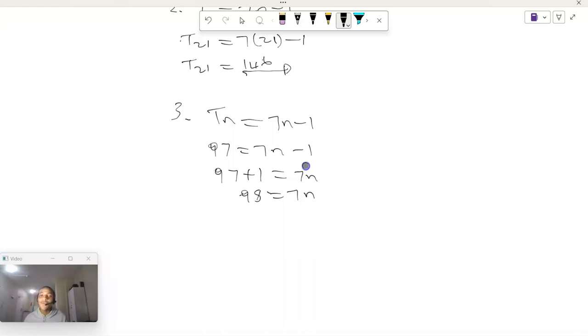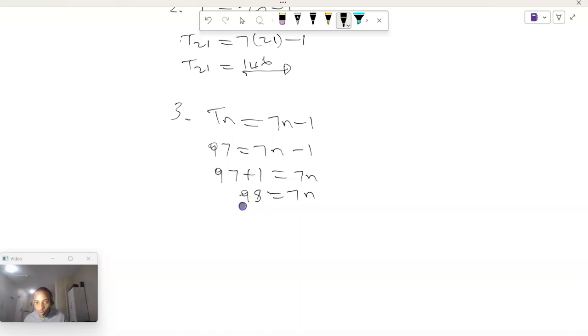Before we find the value of n, you should know that the value of n cannot be a decimal number. The value of n is going to be a whole number, and it cannot be negative. So we are expecting our answer to be a whole number. If it is not, for example if it's a decimal number, that means our answer is wrong.